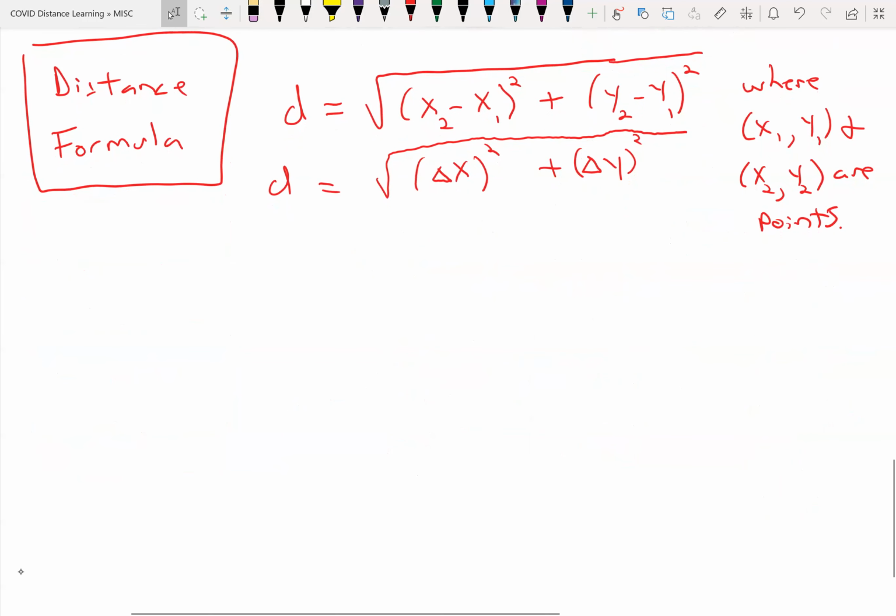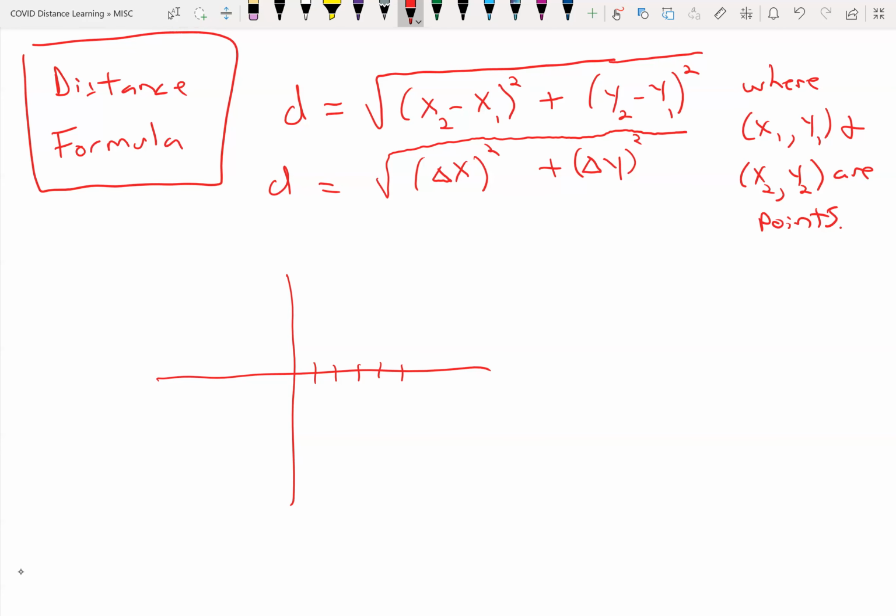Okay, just draw yourself an arbitrary x and y plane. Let's plot a point. I think if you go out about 6, you're going to be okay. And let's go up about 6. All right. Let's plot our first point at 1, 2.